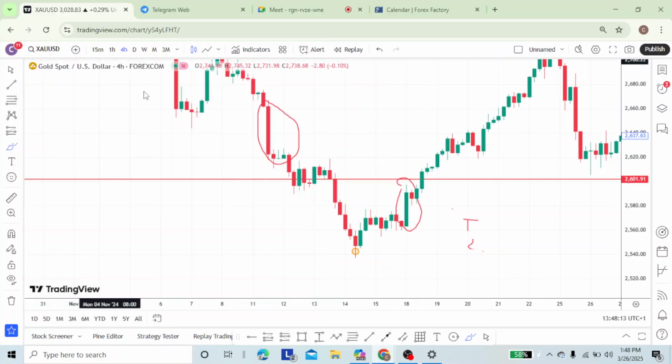If you are seeing this kind of candlestick pattern on your chart, it's giving you a further indication of what to apply on the particular zone or levels where you are anticipating your buy and your sell.